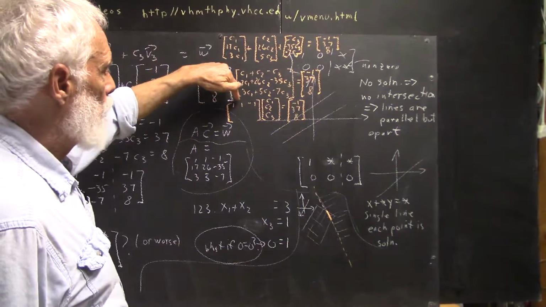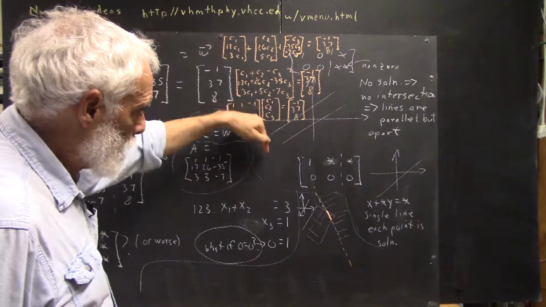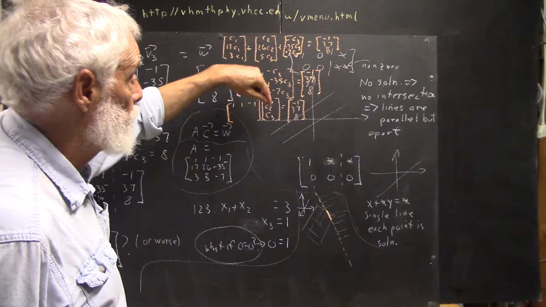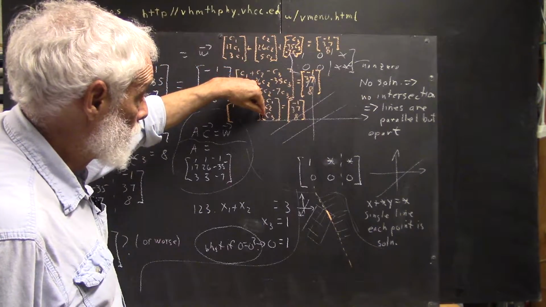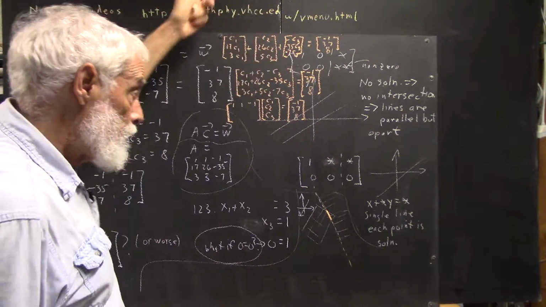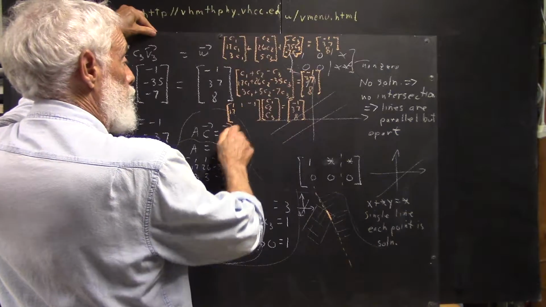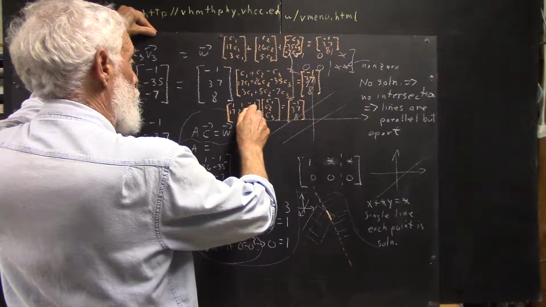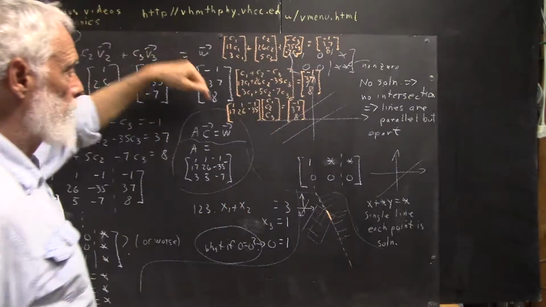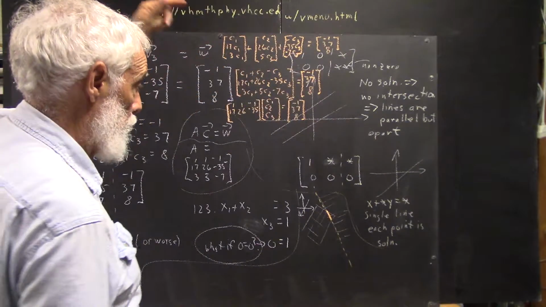Okay, if I have 1, 1, negative 1 here, what's that give me? 1, 1, negative 1 times the column C1, C2, C3 gives me 1 times C1 plus 1 times C2 minus 1 times C3. In other words, just C1 plus C2 minus C3, which is what I had here. Okay, and the other numbers are easily understood. 17 here, 26 here, negative 35 here gives me 17C1 plus 26C2 minus 35C3.